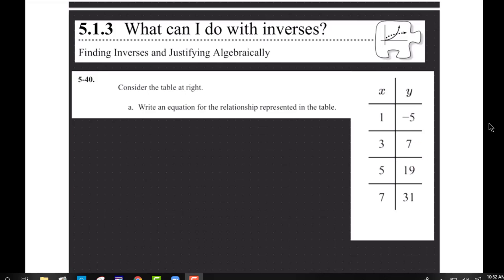Adding 12. To get from 19 to 31, what are we doing? We're adding 12, right? So plus 12, to get to here is plus 12. If we are adding, is that arithmetic or geometric?